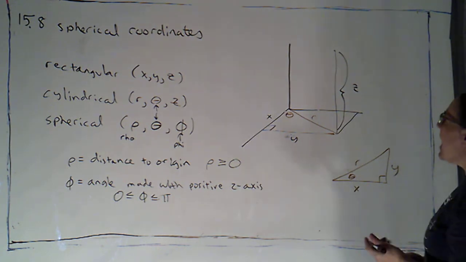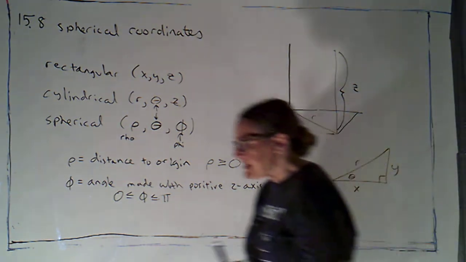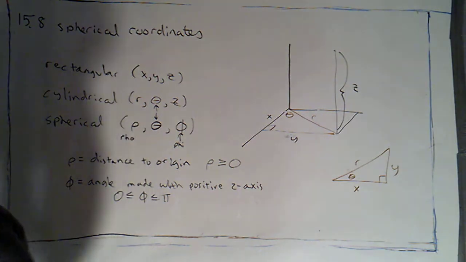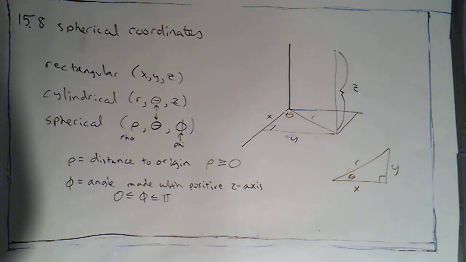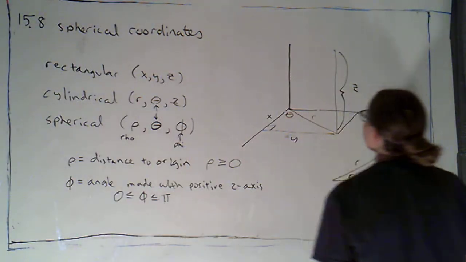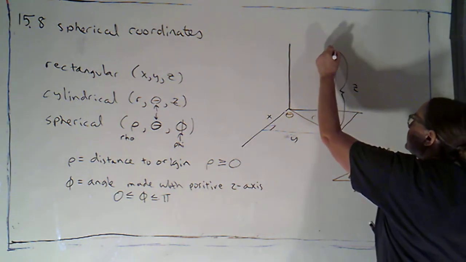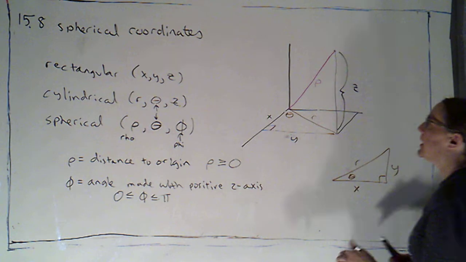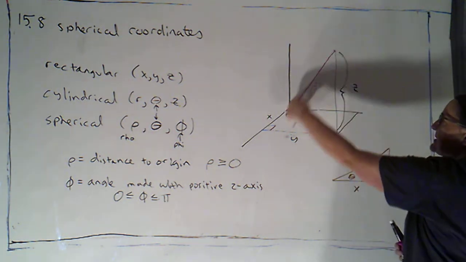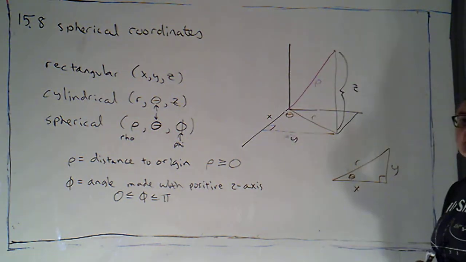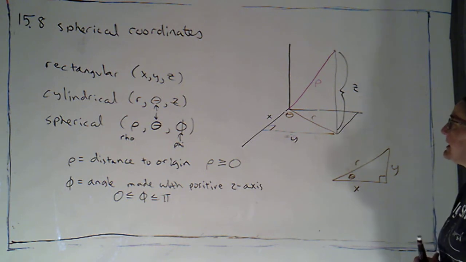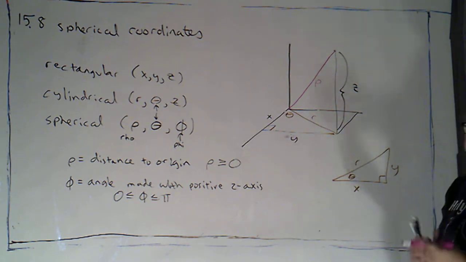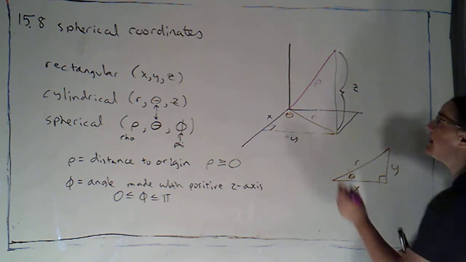Okay. All right, so what are my spherical coordinates, and what are they going to look like? Sorry, looking for a different color marker. Okay, well, if here's my point, there's my rho. Rho would be the distance from that point to the origin. Now, theta, we said, is exactly the same, so I've already got that.